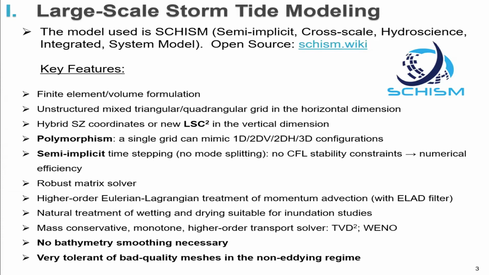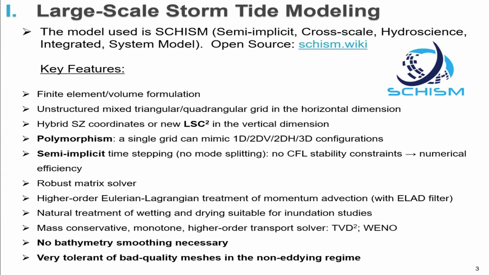The key features highlighted are several of them, but I will highlight that this is an unstructured mixed grid, and it is polymorphism, meaning a single grid can mimic 1D, 2D, and 3D configuration. I also want to emphasize this is a semi-implicit time stepping, and therefore is not restricted by CFL stability constraint.